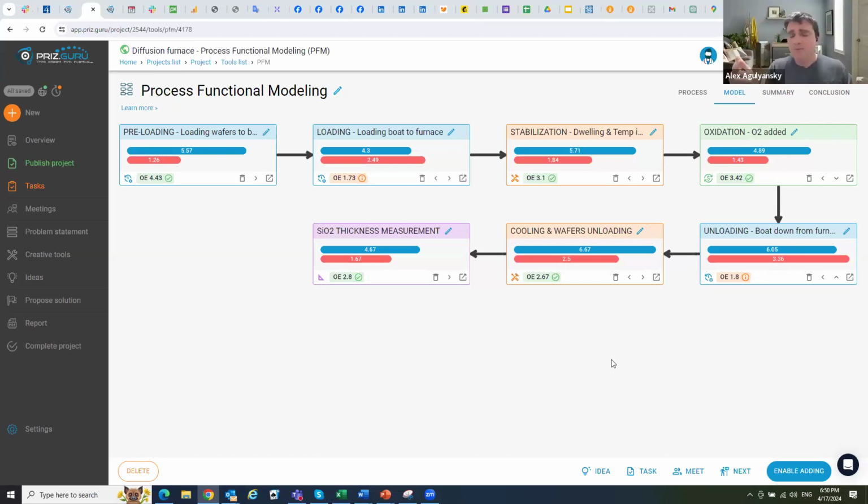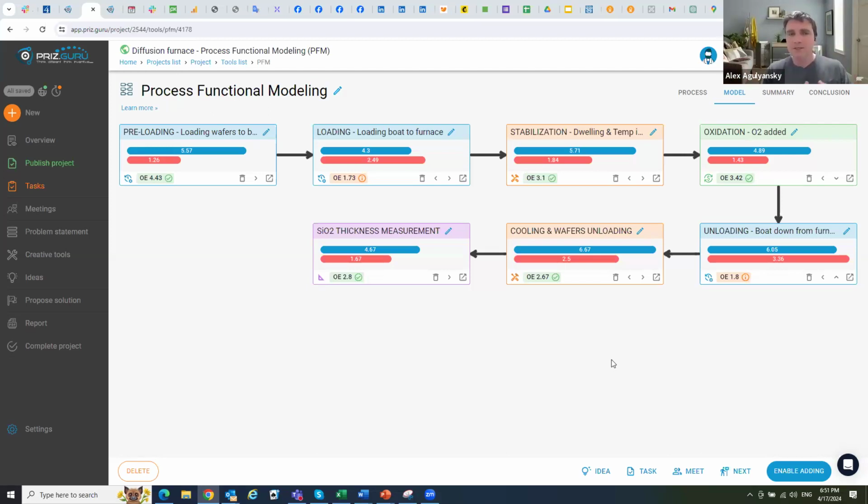Now, the next step would be to go into root cause analysis of any kind, whether it's 5 whys, cause and effect chain, and so on, and try to understand how this particular problem can be caused by that particular component or operation, right?